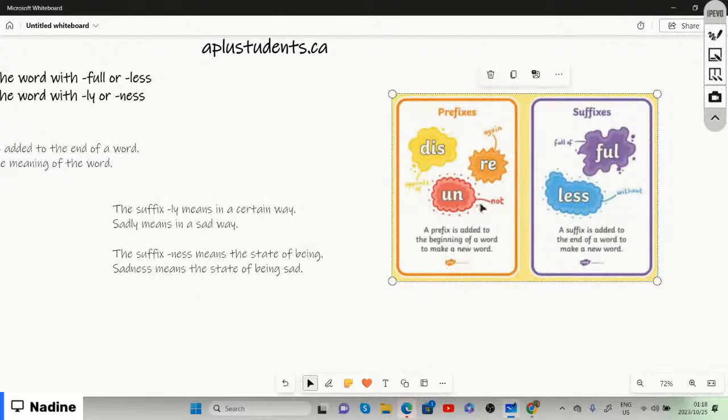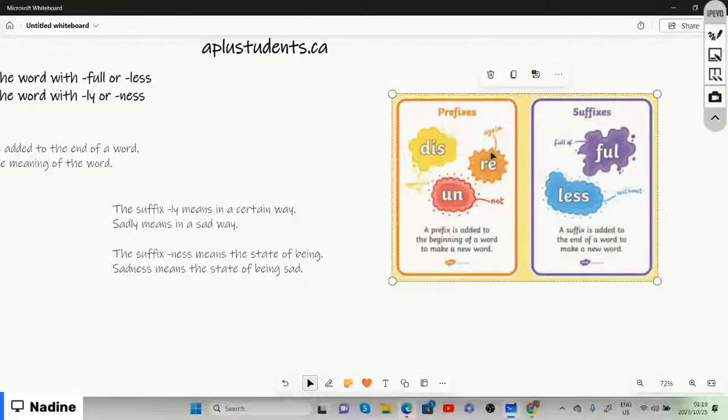All right. So we said when it comes to prefixes, prefixes are words that we add at the beginning of the base word, and there's a lot of prefixes. But here are about three examples of prefixes and here are examples of suffixes.